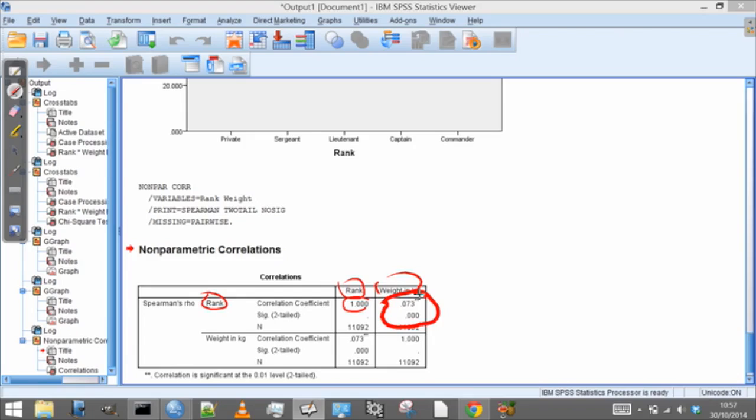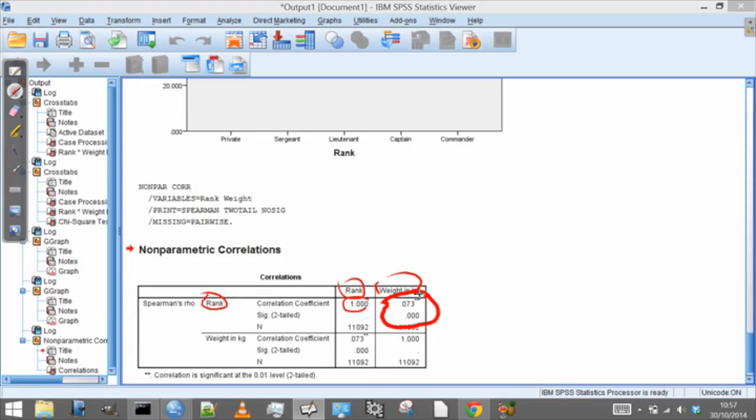Anything else? There is a weak correlation. So based on that table, we can call this either a weak or very weak, I guess you could add to it. It's less than 0.1. It's weak correlation. So there's a statistically significant but weak correlation between rank and weight.